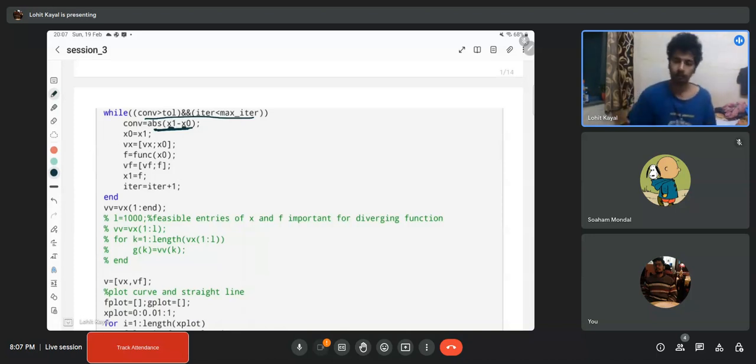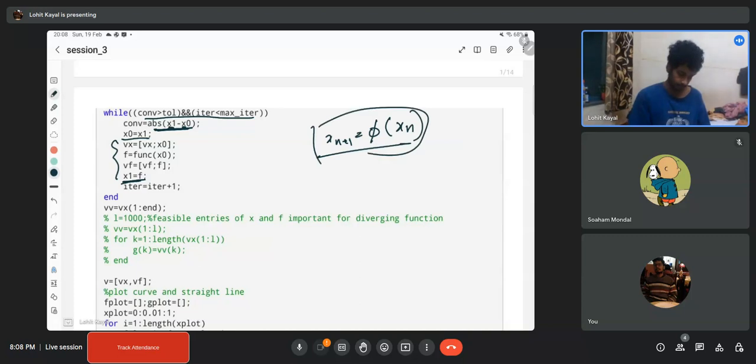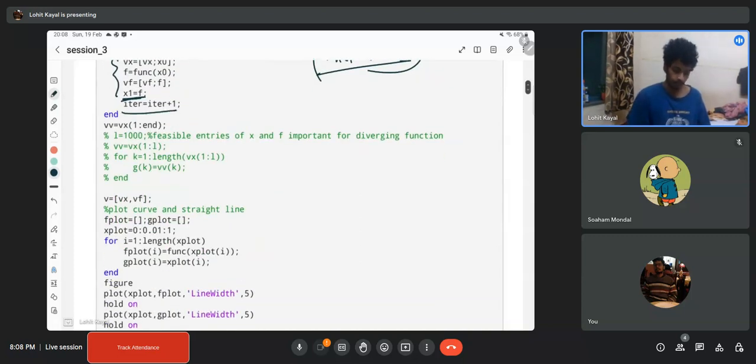This is my convergence criterion. Finally I define x1 equal to f. This comes from x(n+1) equal to phi of xn. And iter equal to 1 and so on.